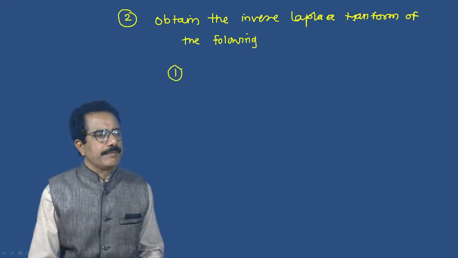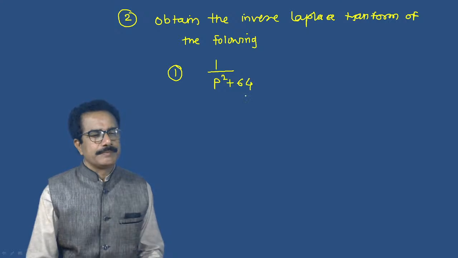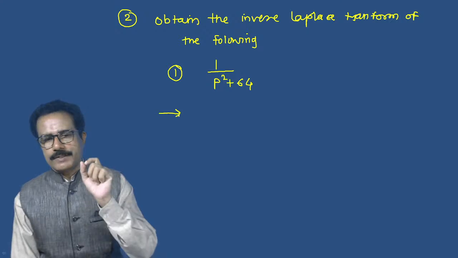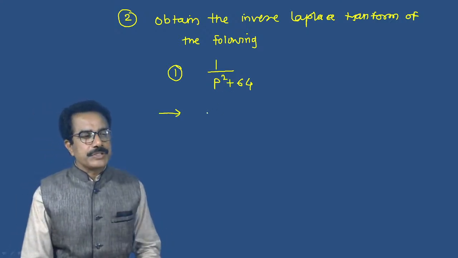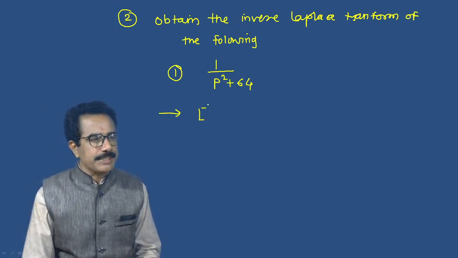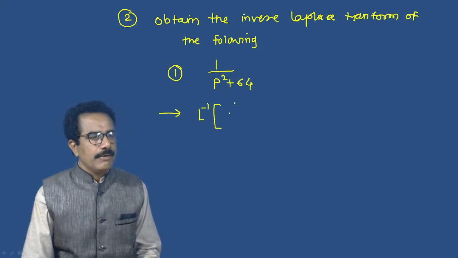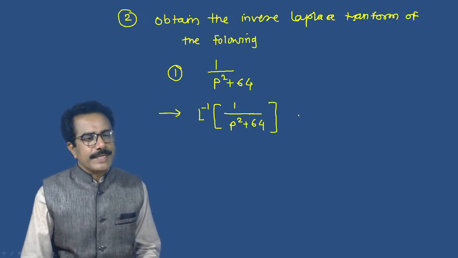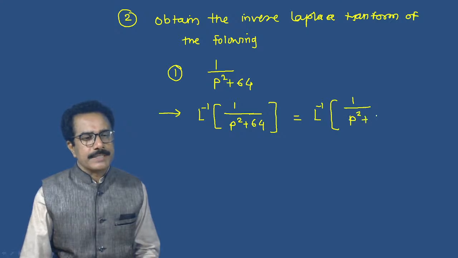First, 1 upon p square plus 64. Now our aim is to find the inverse Laplace transform of 1 upon p square plus 64. That means L inverse of 1 upon p square plus 64. So we can write L inverse of 1 upon p square plus 8 square.